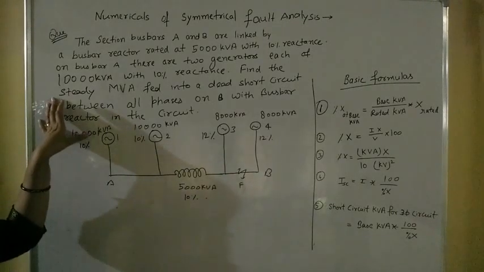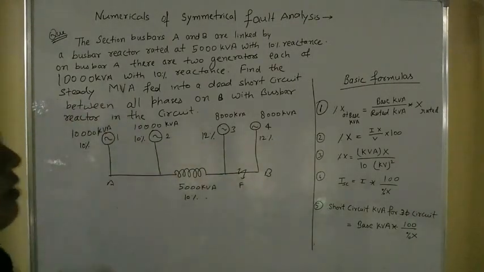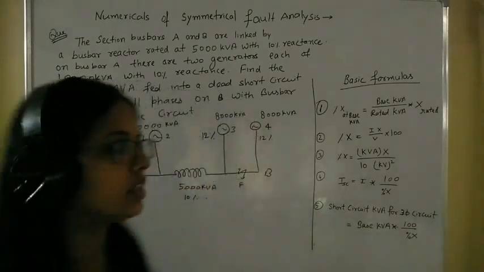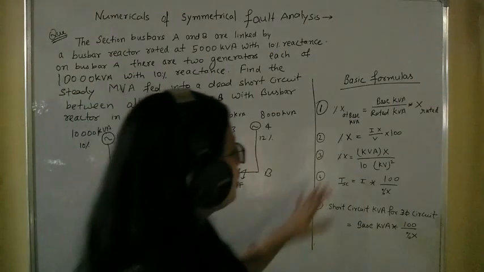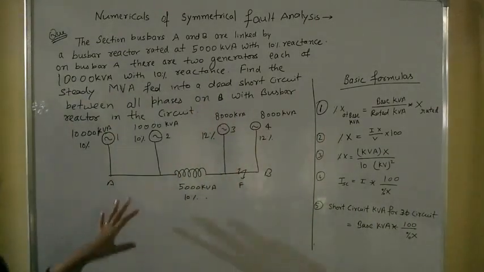What will be the short circuit current? What will be the steady state MVA or short circuit kVA for three-phase circuit? How will we solve this type of question? Here we will use these basic formulas. Let us start to solve this question.